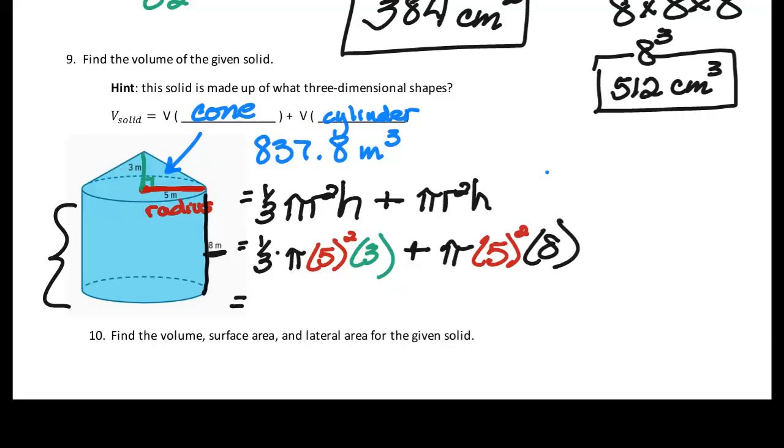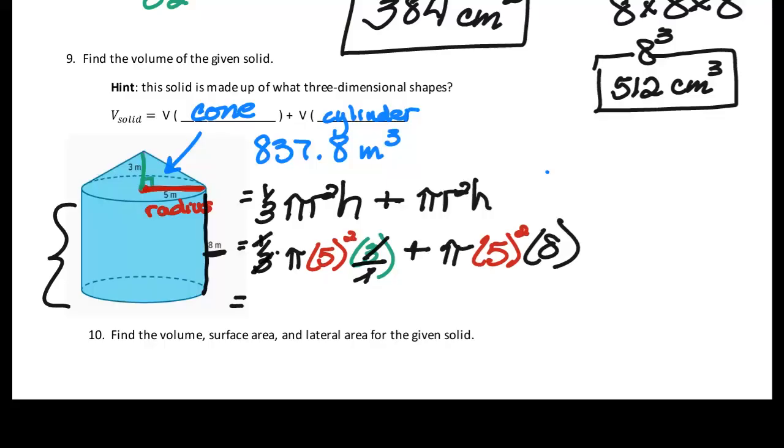So putting it on your calculator, well, I could simplify a little bit. If you multiply 1/3 times 3/1, those are reciprocals, so they are going to simplify out.